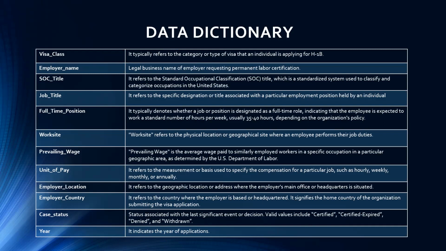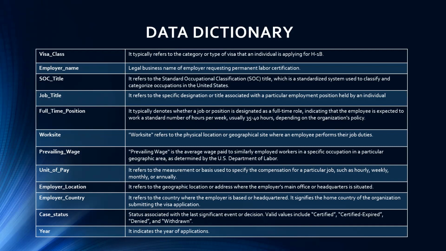The work site refers to the physical location or geographical site where an employee performs their job duties. Prevailing wage is the average wage paid to similarly employed workers, determined by the US Department of Labor. Unit of pay refers to the measurement of how he is paid: hourly, weekly, monthly or annually.